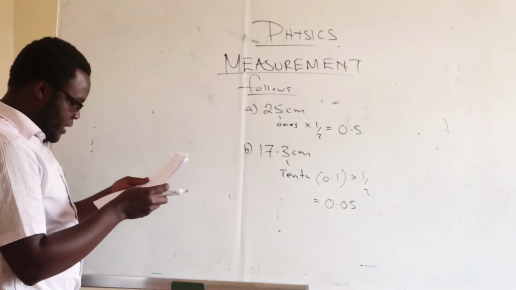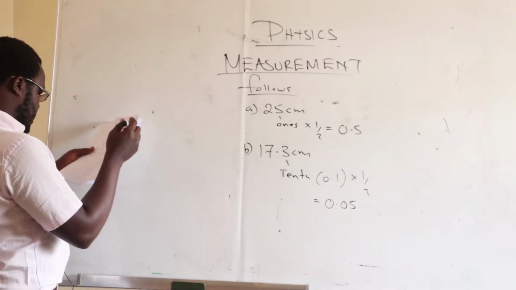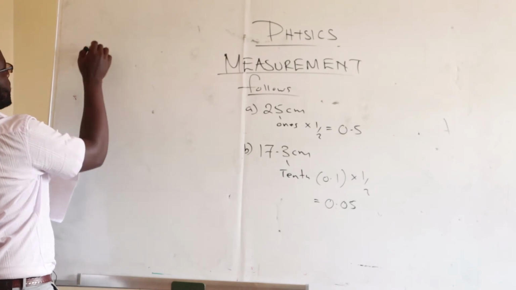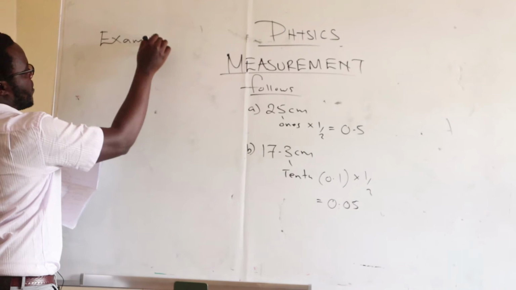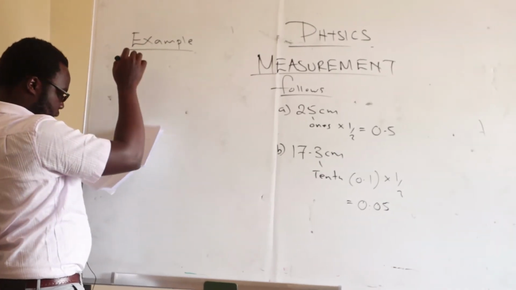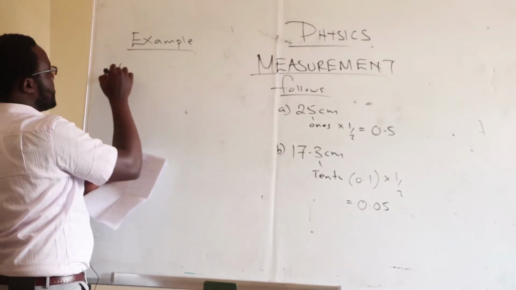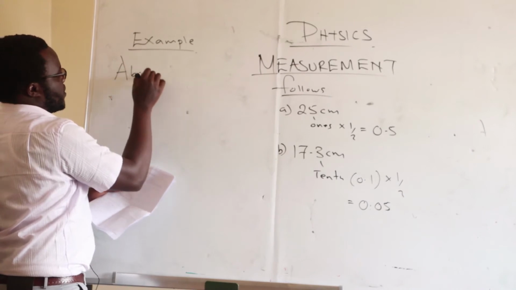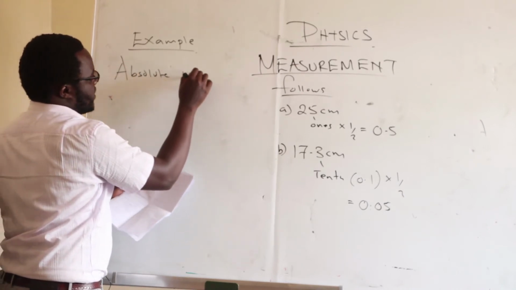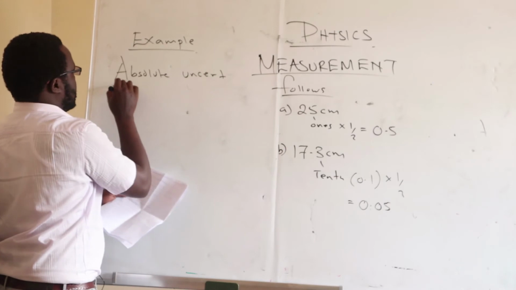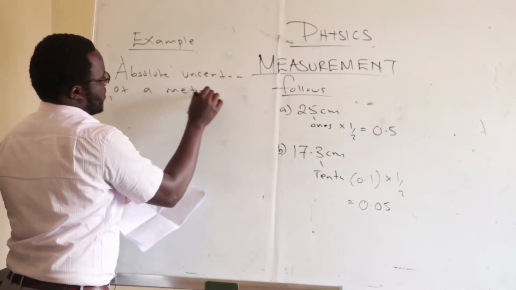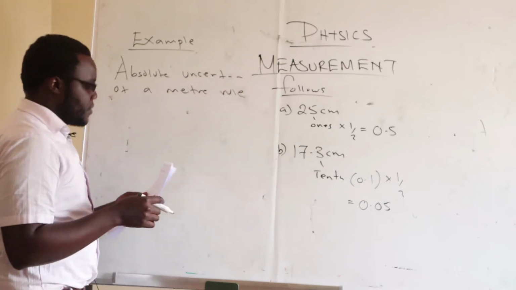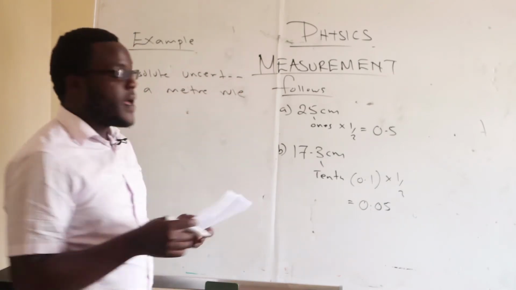So you're told to calculate the absolute uncertainty of a meter rule.